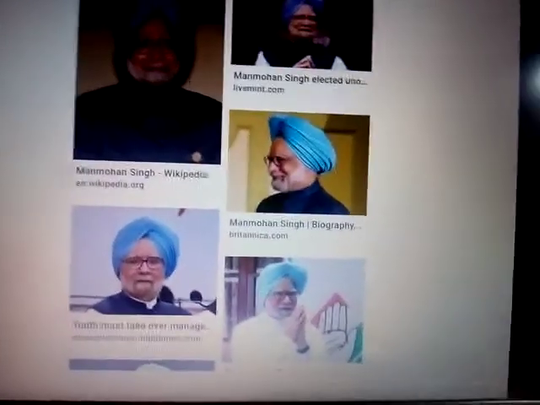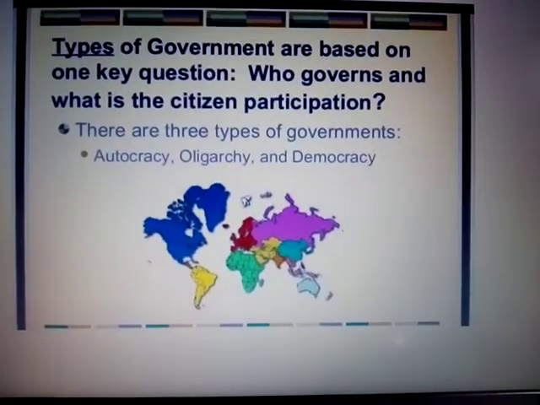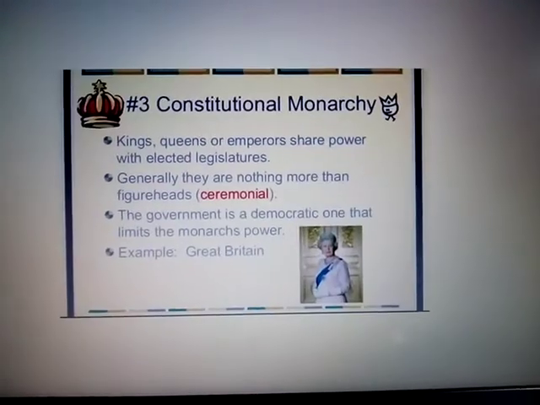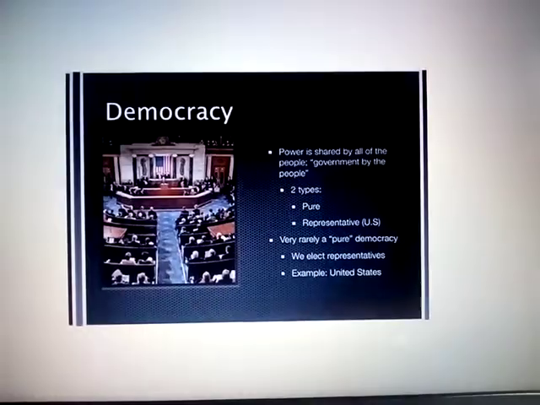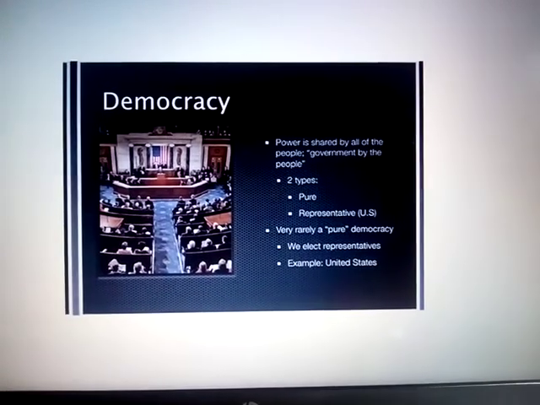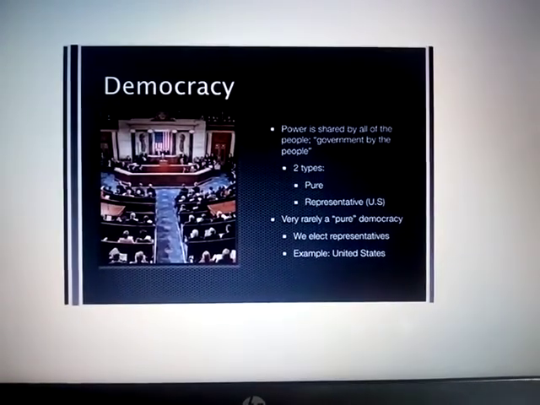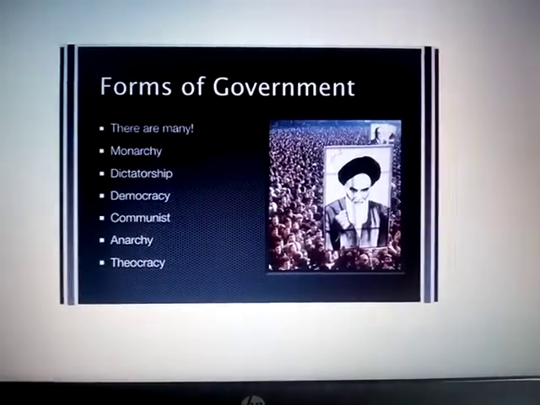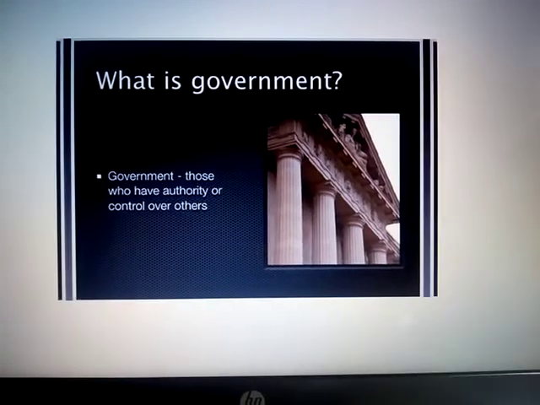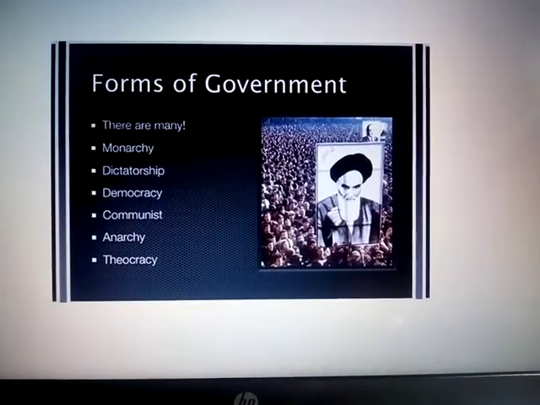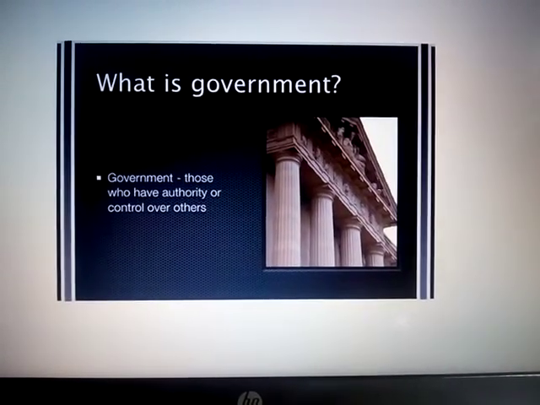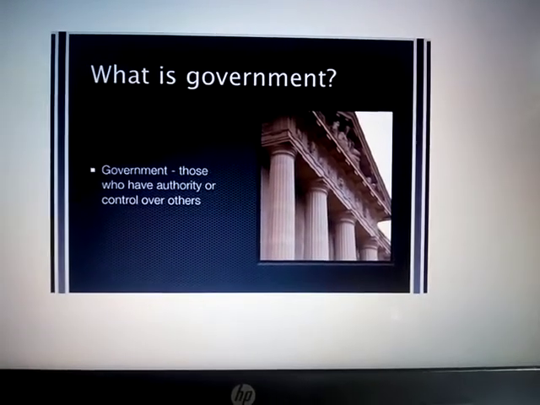Again, we are replaying the slides. Types of government, dictatorship. Then we found democracy, two types of democracy. One is pure and another is representative. Then we found out about government. Government means those who have authority or control over others.